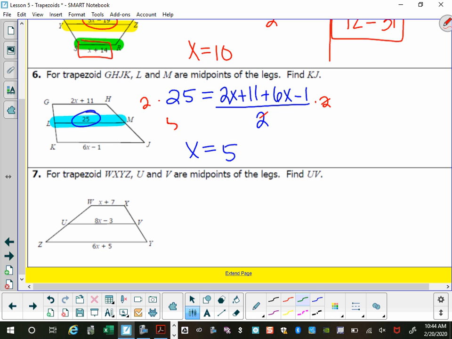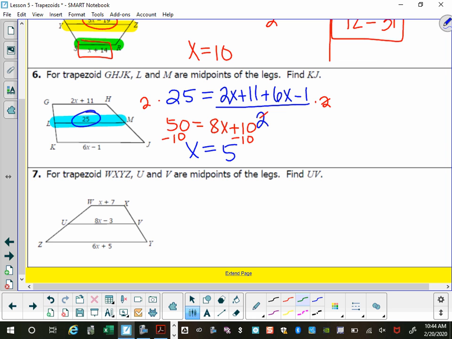So you would have 50 is equal to 8x plus 10, and then you can still solve it. You have to combine like terms here, so 2x plus 6x is 8x, 11 minus 1 is 10, and then as normal, subtract 10, so then you would have 40 equals 8x, which gives you 5.